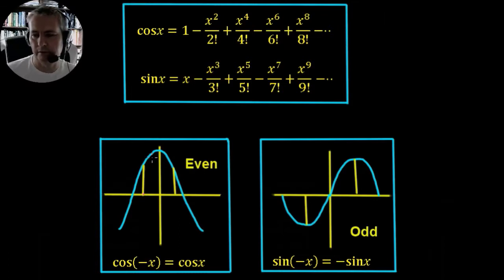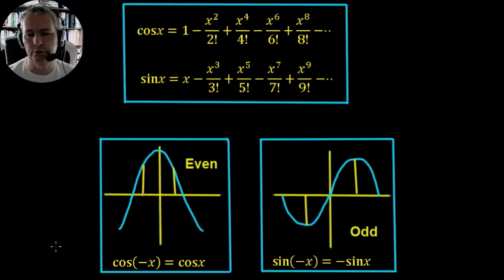So if I was to integrate it from minus infinity to plus infinity, I would get an actual value. But if I was to do the same with an odd function, then all the sections above the line would cancel out with all the sections below the line. So if I was to integrate an odd function from minus infinity to infinity, I would get 0, and that's going to be of use to us in future videos.